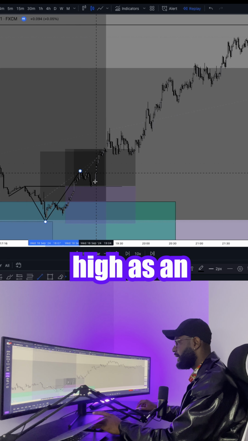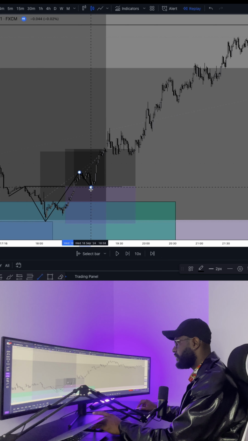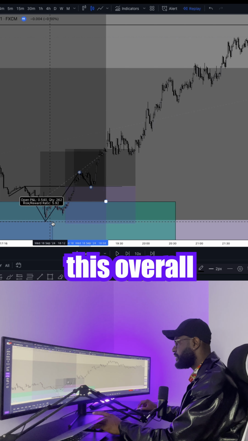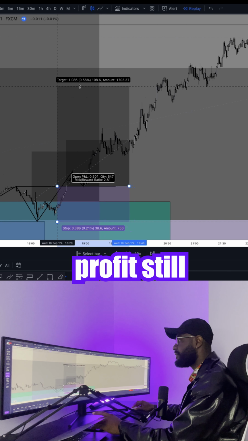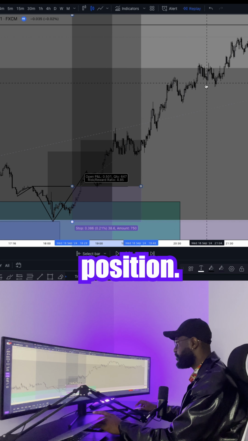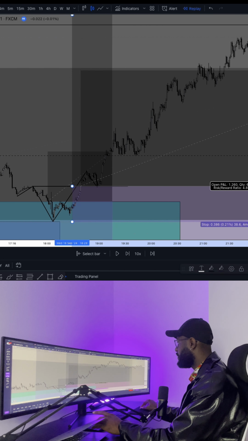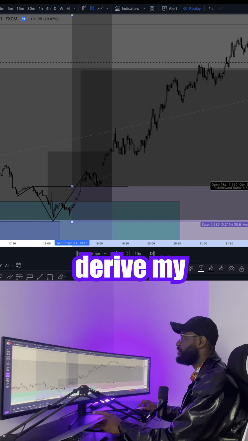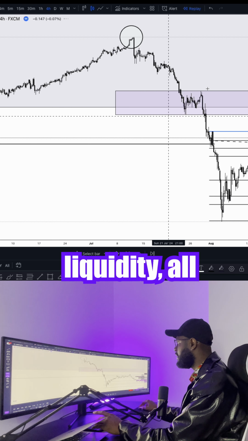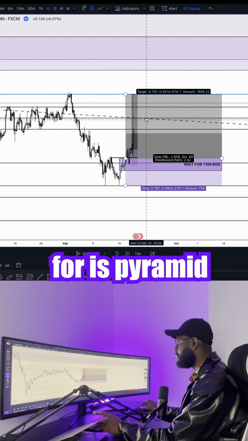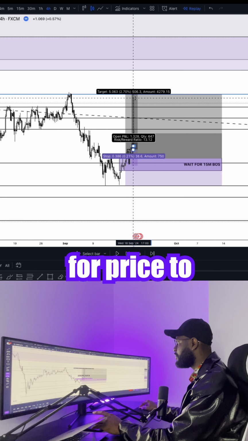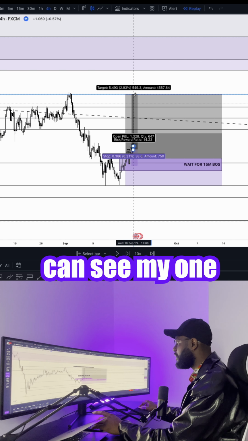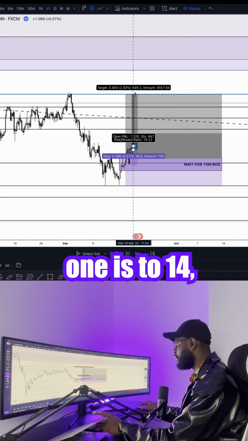I'm using the high as an entry. Stop loss, this overall low right here. Take profit, still the same key level. Once I derive my drawn liquidity, all I'm looking for is pyramid entries, anticipating for price to hit that key level. So you can see my 1 minute entry delivered the 1:14.